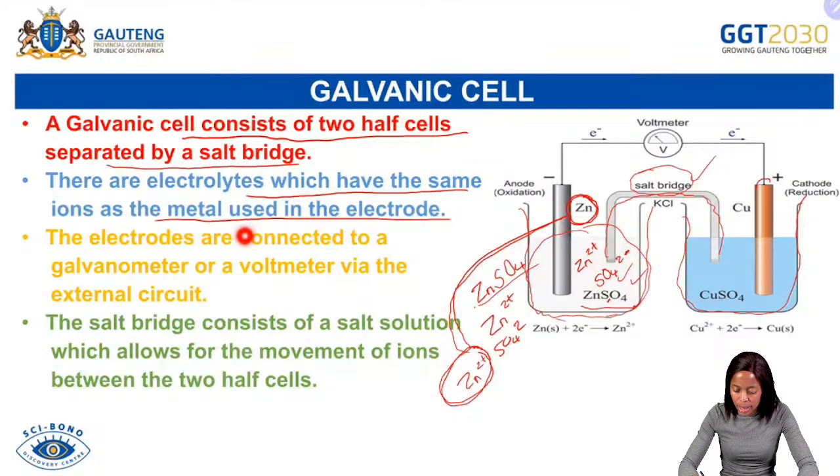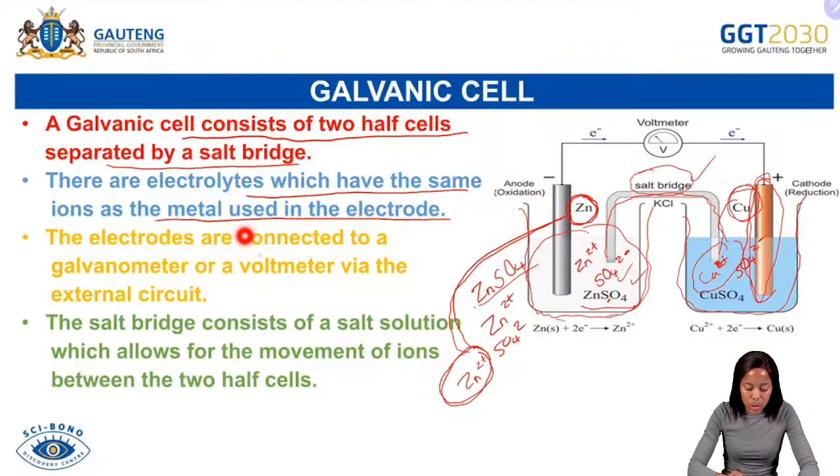Even on this side with the copper, when the copper sulfate breaks down, it gives you Cu2+ and SO4 2 minus. So we are going to have in the electrolyte the very same ion as your electrode, because on this side you have Cu or copper as your electrode.